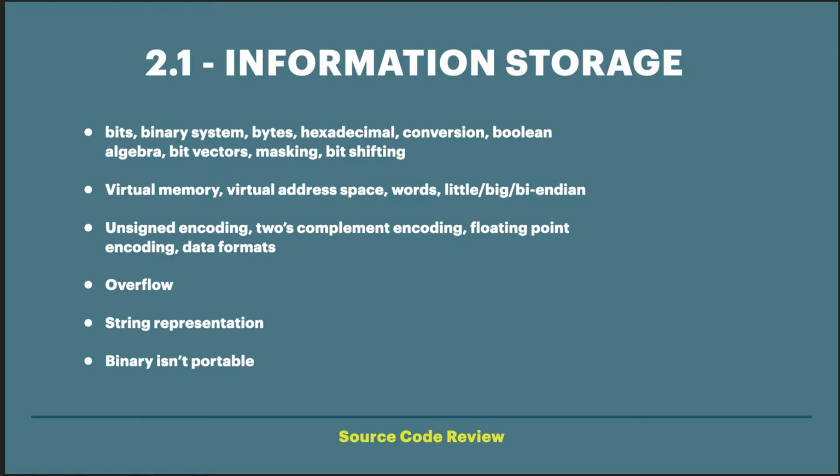Now, the reason why we have the binary system is that it is helpful to think in terms of this or that: true or false, an electric current being positive or negative, a magnetic pulse going one way or the other.